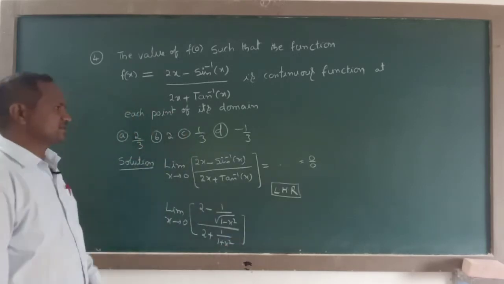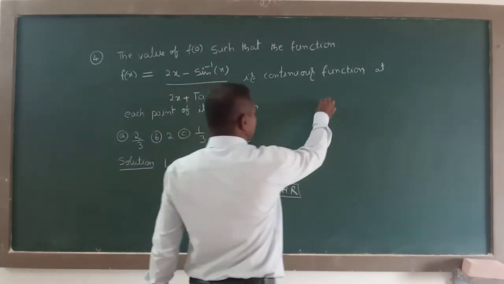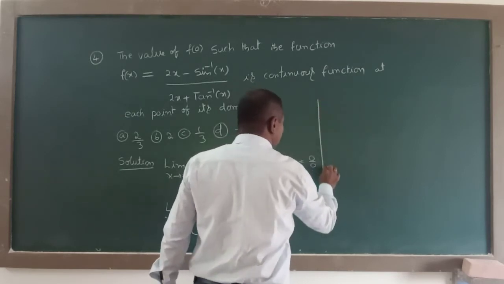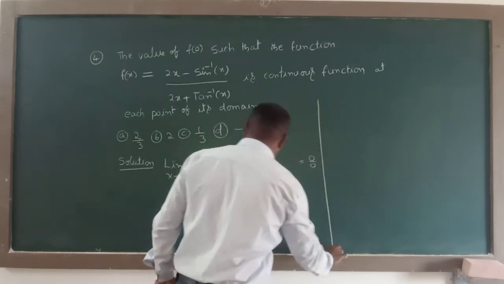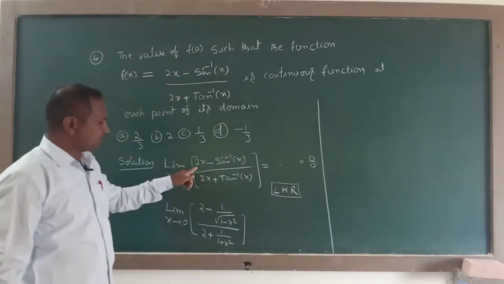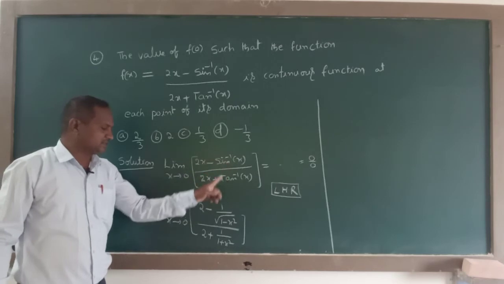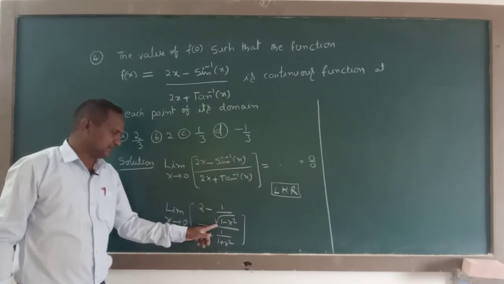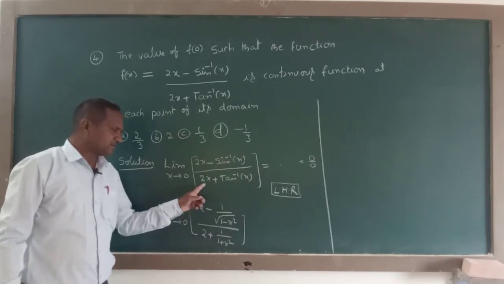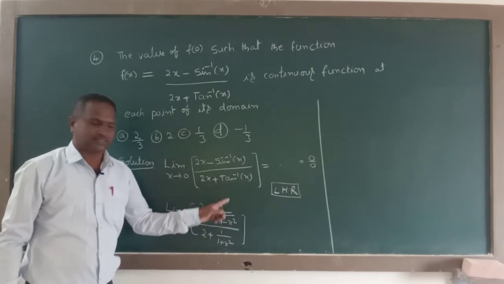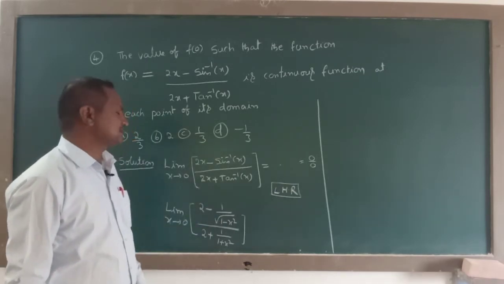Then you apply the limits. Here I applied derivatives of the functions with respect to x. d by dx of 2x is 2 and d by dx of sin inverse x is 1 by square root of 1 minus x square. d by dx of 2x is 2 plus d by dx of tan inverse x is 1 by 1 plus x square.